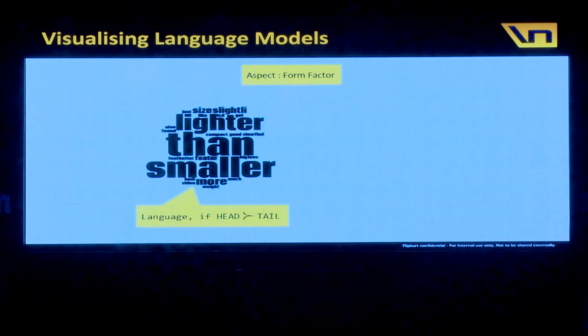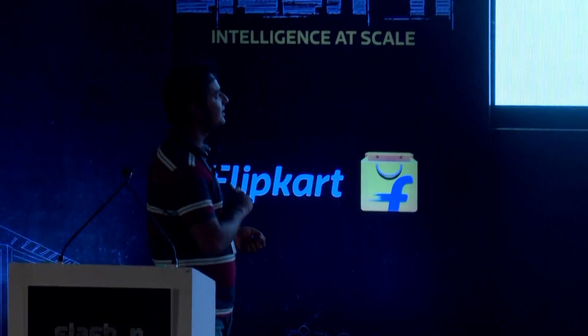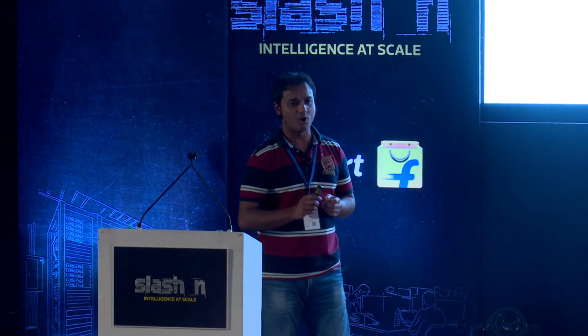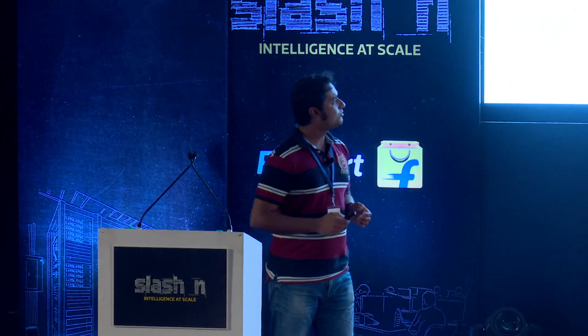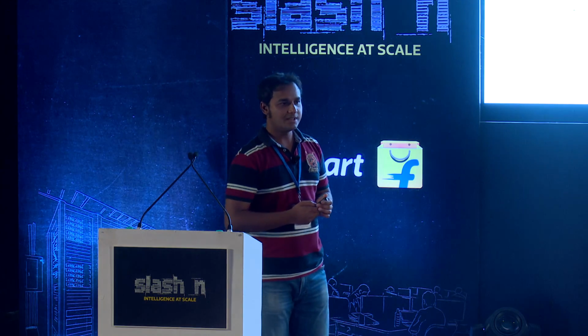It's pretty much how your camera feels in your hand, dictated by the size, shape and weight of your camera. Once you fit your algorithm to all the comparative sentences, the language model it learns is that if head is preferred over tail, people are going to use words like lighter than and smaller far more than what you see on the other side.